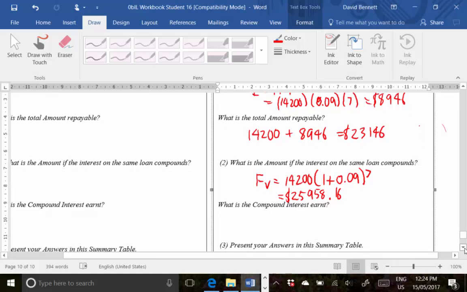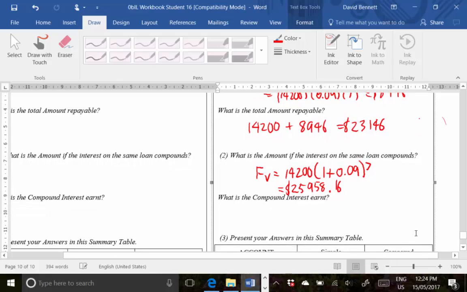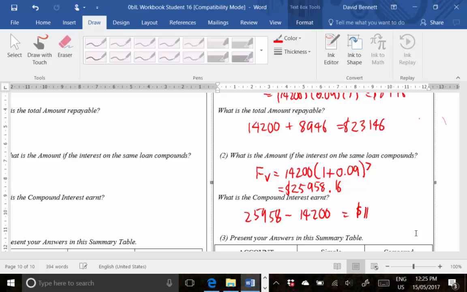Well, if we take away our original amount, 25,958 take away the 14,200, that's going to tell us our figure. So that means we've got about $11,758 is in fact interest.